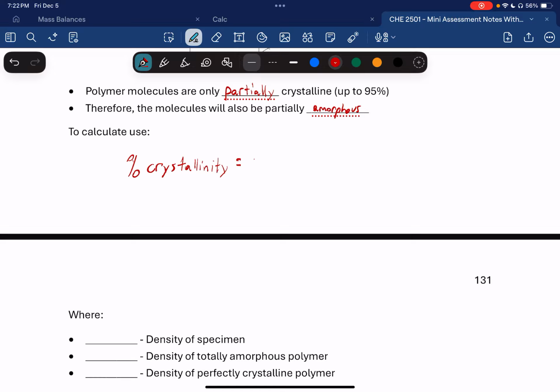Equals. So we have rho here for density. Yeah, it's pretty much just a density formula, times 100 for percent. There's the formula.